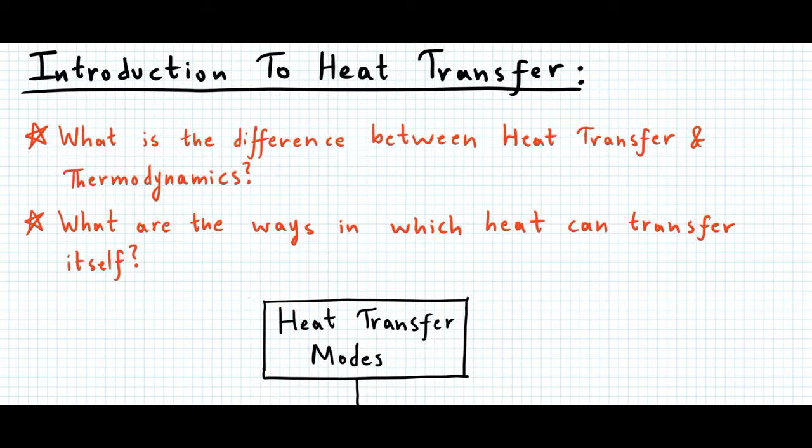The concept of energy is used in thermodynamics to specify the state of a system. It's also known that energy can be neither created nor destroyed, but only change from one form to another. So the science of thermodynamics deals with the relationship between heat and other forms of energy, but the science of heat transfer is concerned with the analysis of the rate of heat transfer taking place in a system.